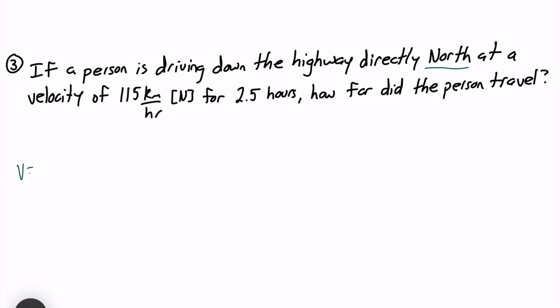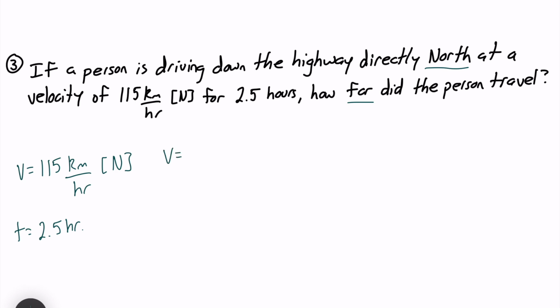This time it's a little bit different because we have a velocity actually. So we have 115 kilometers per hour, and we were given a direction, so it's north. We also have a time, which is 2.5 hours. Everything's in hours, no conversions there. But we are looking for the distance, so we might have to do a little bit of manipulation here.